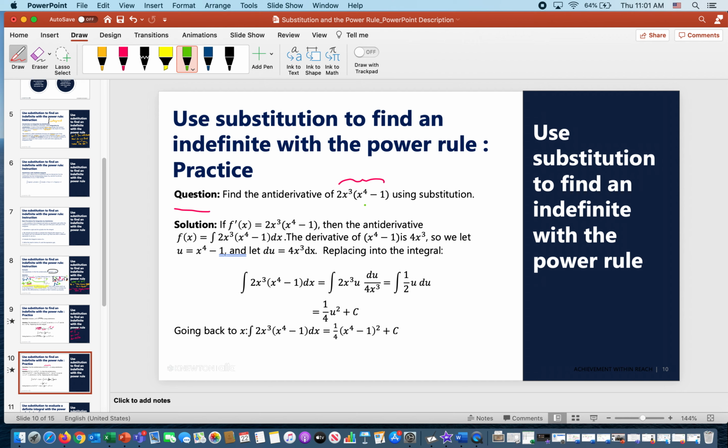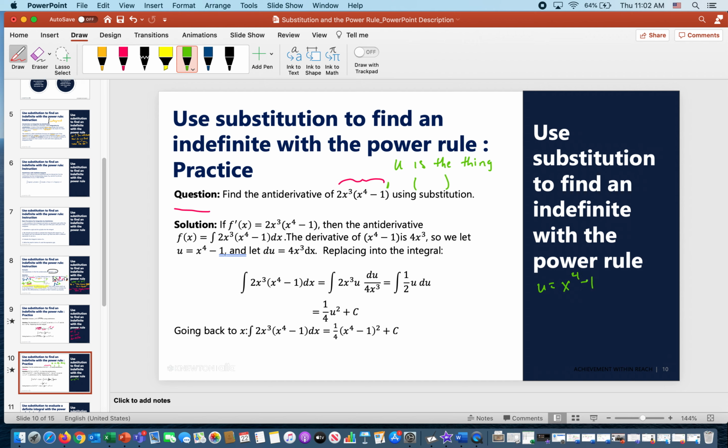So again, that's a rule of thumb, not something you're going to read in a math book. There is an understood 1 right here, so technically my definition would hold. However, another rule of thumb could be that u is the thing inside the parentheses. So in this case, u is x to the fourth minus 1.